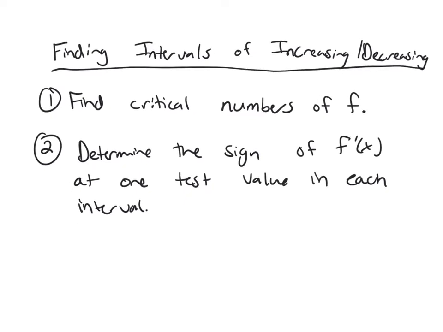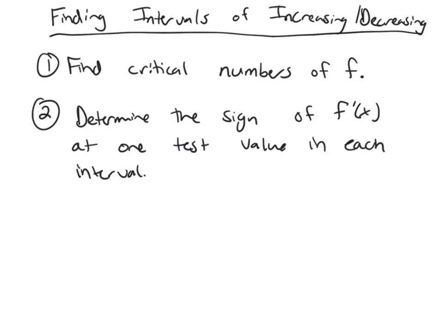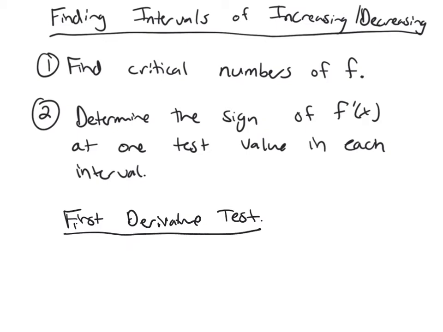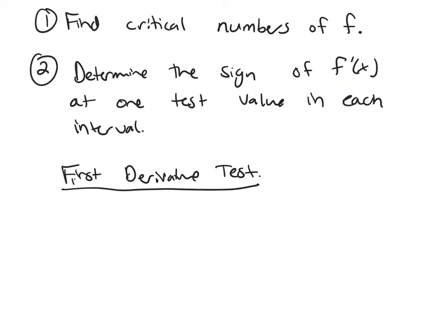All right, so the next thing we're going to do is talk about the first derivative test. So I'm going to write what it says, and then we'll have a picture that kind of goes along to help us visualize.